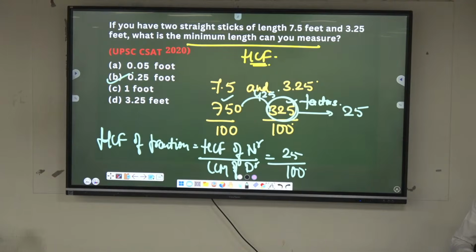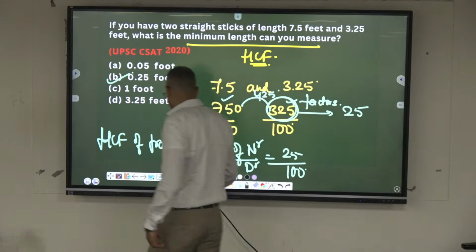When you are converting the decimal into fraction, denominators have to be the same. Shall we move?